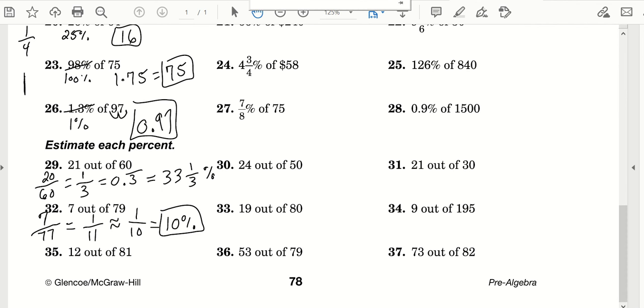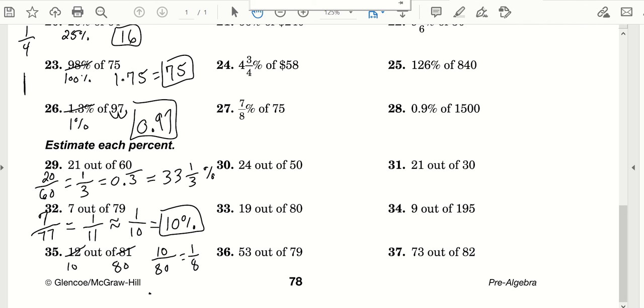All right, next one here, 35. On number 35, I'm going to tell you right now, there's a few ways to go. If you don't think about number 35 exactly the way I do, that is totally fine by me. But we want numbers that are close to 12 and 81 that divide evenly into each other. How about if we work with 10 and 80? So 10 over 80, that's 1/8. Now 1/8 as a decimal, maybe you have this memorized, maybe you don't.